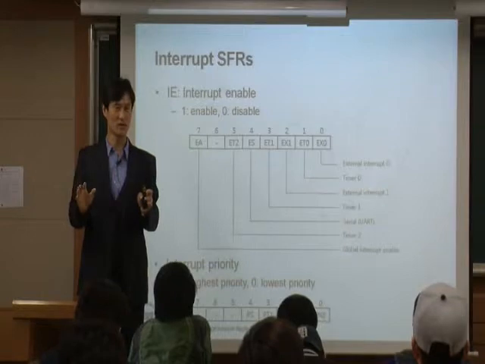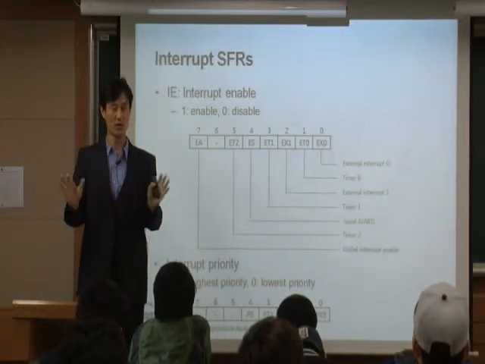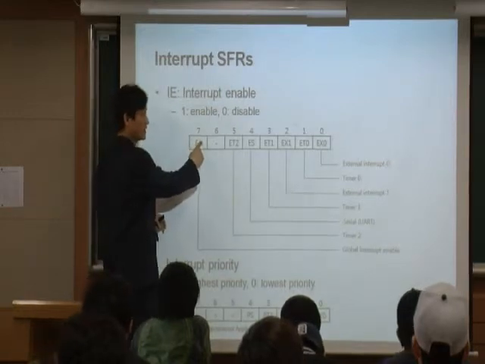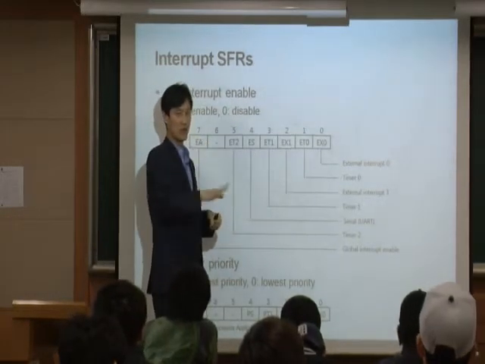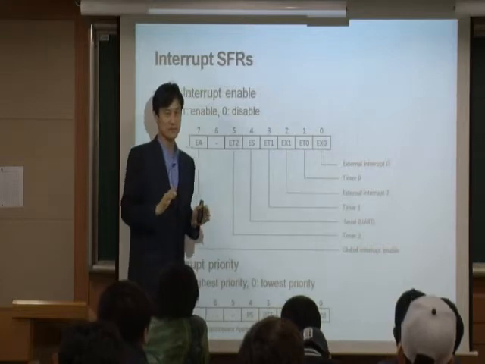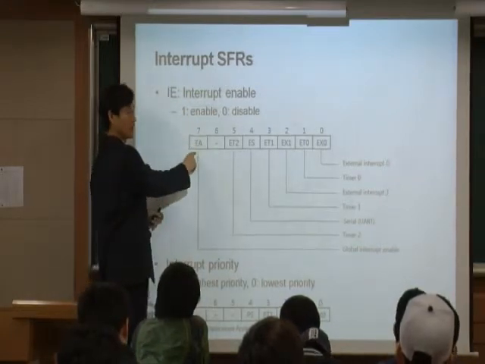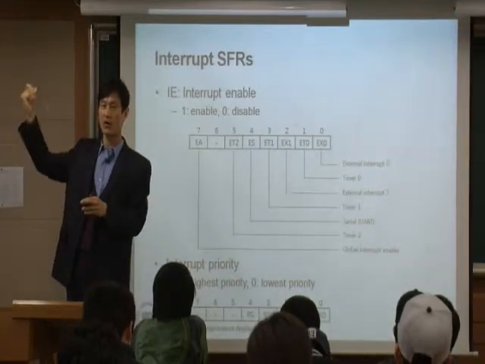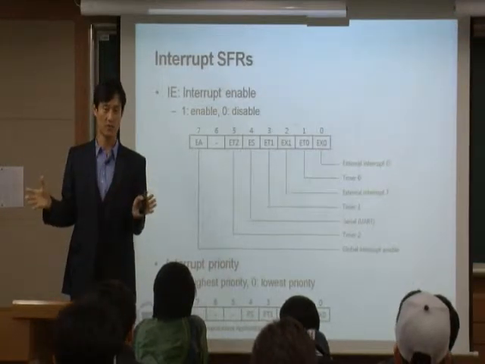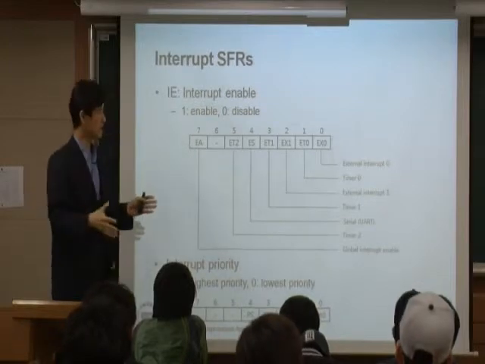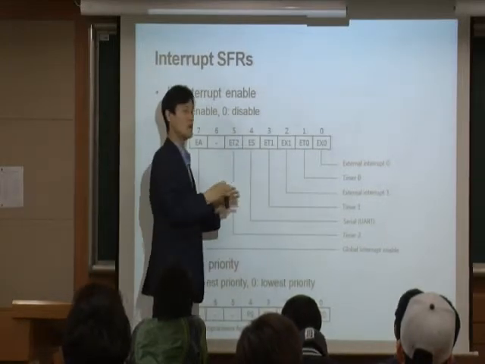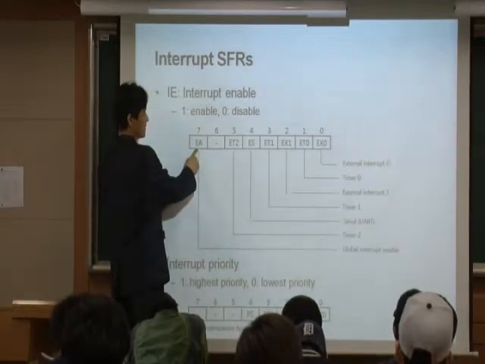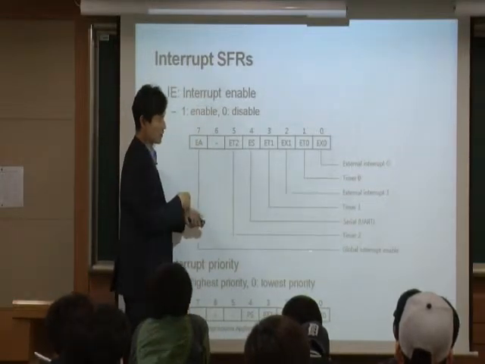Telephone doesn't work, doorbell doesn't work, nothing works. Same here. If this is 0, then all of the interrupts are off. It does not work. And if this is 1, it's the same as you turn on your electrical switch in your home. So therefore, now each of the interrupts may work. May work. Okay? So this is a global interrupt enable.